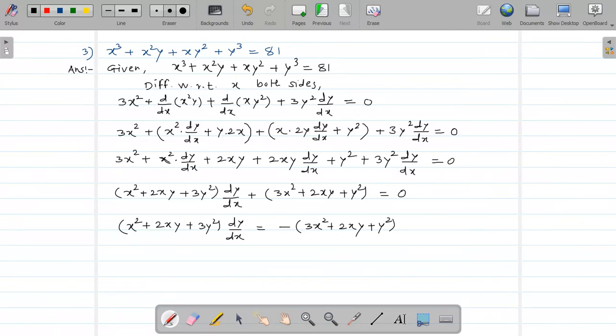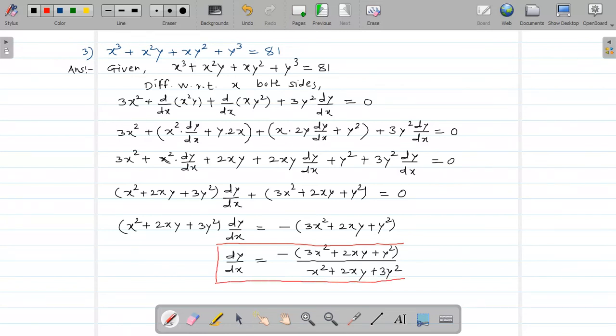Shift this term to the right hand side, so that's why it becomes minus, and hence we get dy by dx is equal to minus of 3x square plus 2xy plus y square, divided by x square plus 2xy plus 3y square. So this will be the final answer. Simplification is not possible, so you can keep this as the final answer.